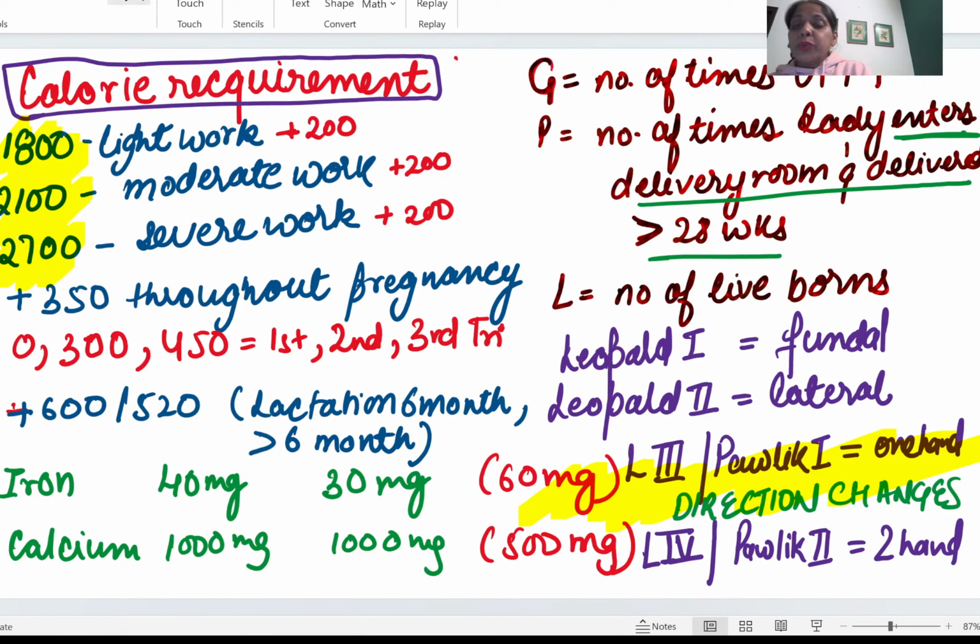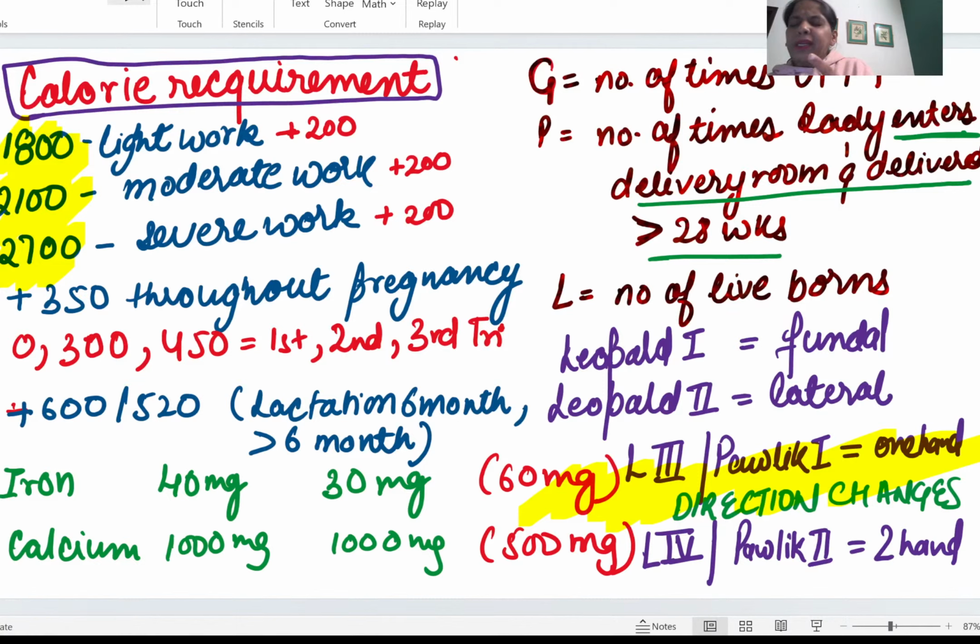Here I would like to tell you how to remember this non-pregnant female calorie requirement. This is just a table of 3. 3 6s are 18, then 3 7s are 21.